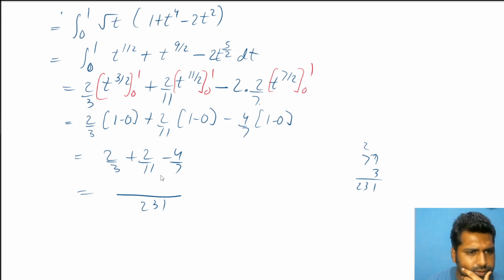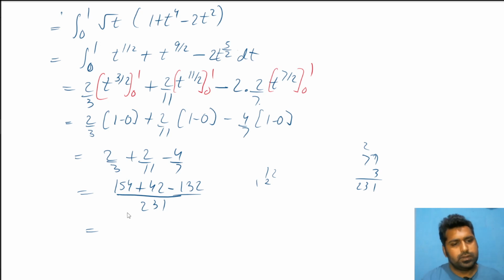Okay, so this becomes 77 into 2, 154, plus 14 into... 21 into 2, 42, minus 33 into 12... Minus 90, and this will be 64.